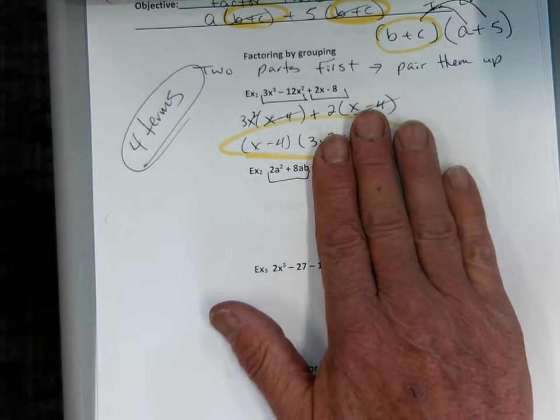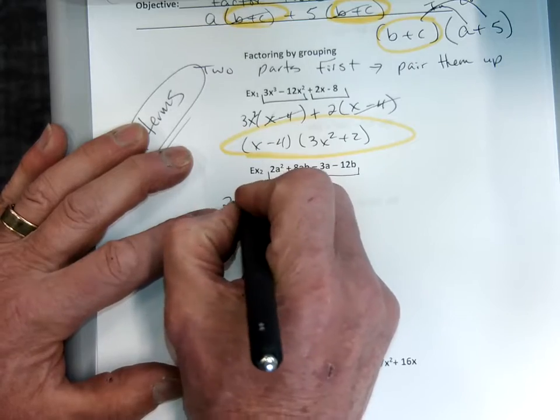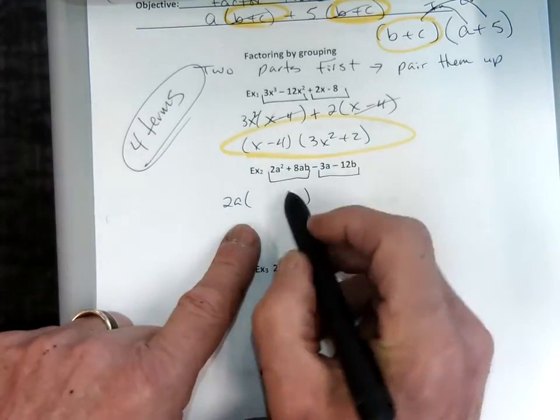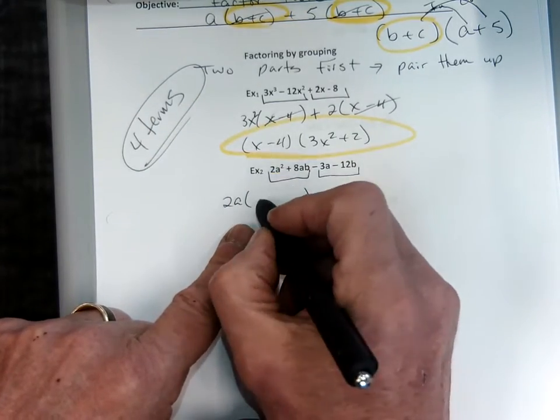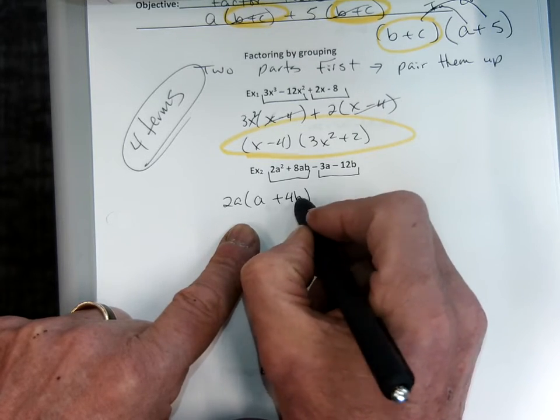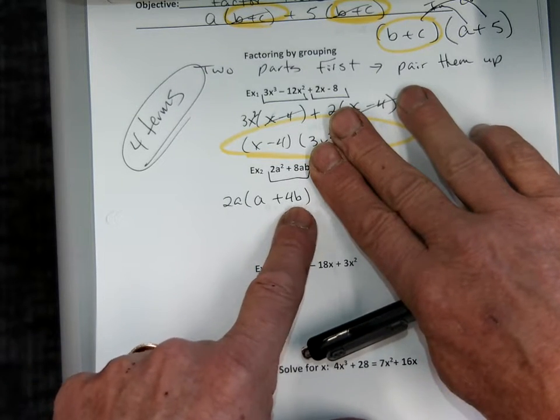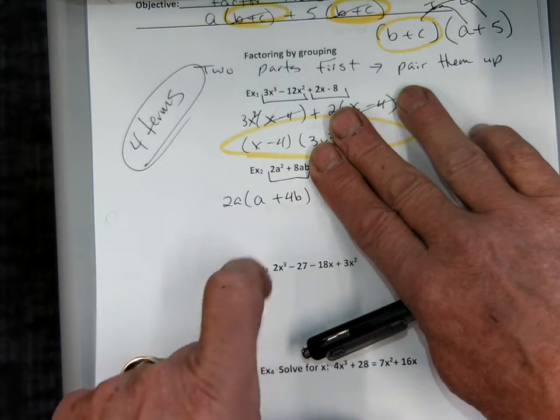What do the first 2 have in common? A 2a, good. Totally right. So we take out a 2a. Good job, Calvin. If I take out a 2a, I'd have a plus a 4b. You okay with that? And you can go backwards to check it. If I take out a 2a, I'd have a 2a plus a 4b.